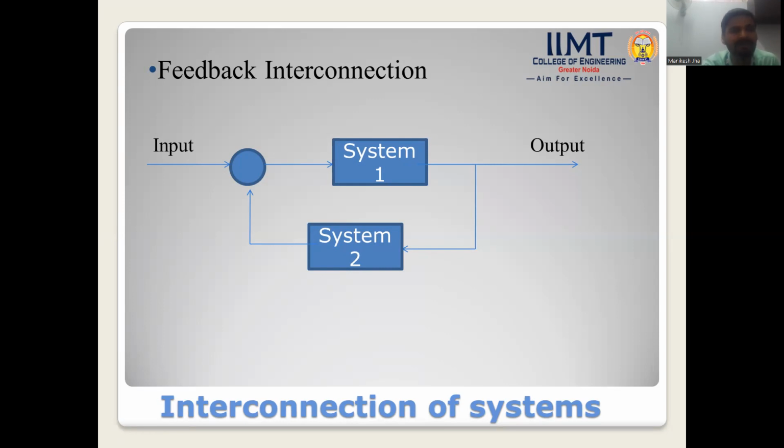If it is positive feedback, we write the negative sign. If it is negative feedback, we write the positive sign. So it is gain of the forward path divided by 1 plus or minus the gain of the forward path multiplied with the gain of the feedback path. The formula is G upon 1 plus or minus GH.